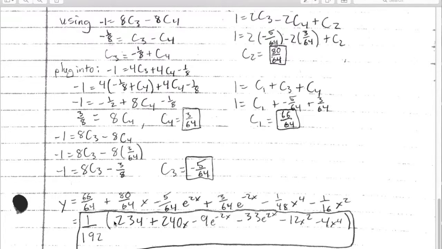Doing that, we get the following equation at the bottom of your screen, and if you want a common denominator for all the values, you can write it as 1 over 192 multiplied by 234 plus 240x minus 9 e to the negative 2x minus 33 e to the 2x minus 12x squared minus 4x to the fourth. And that would be your solution.